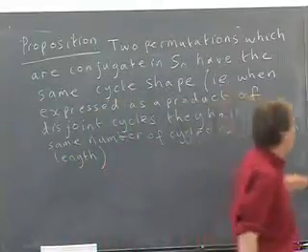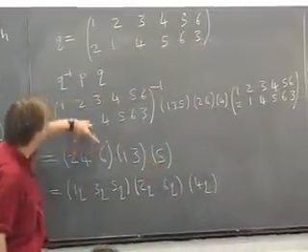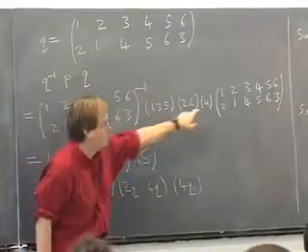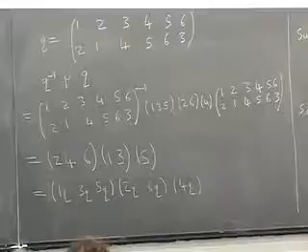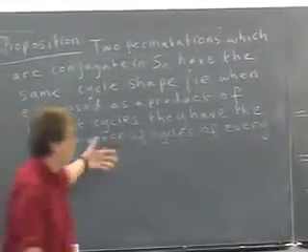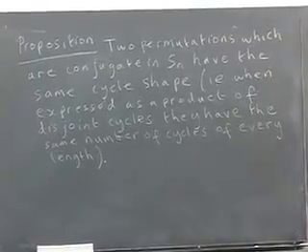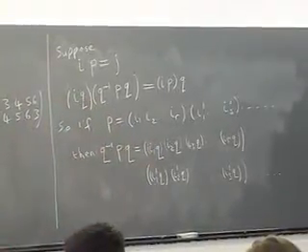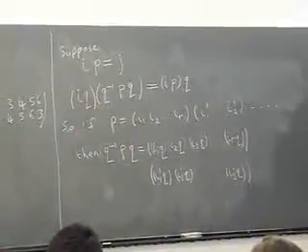So this and this have the same cycle shape. They have one cycle of length 3, one cycle of length 2, and one cycle of length 1. Okay, and that's now obvious from this calculation. I mean, we've taken the cycle shape for P and we've obtained the same one for Q inverse PQ. And the converse is also true.